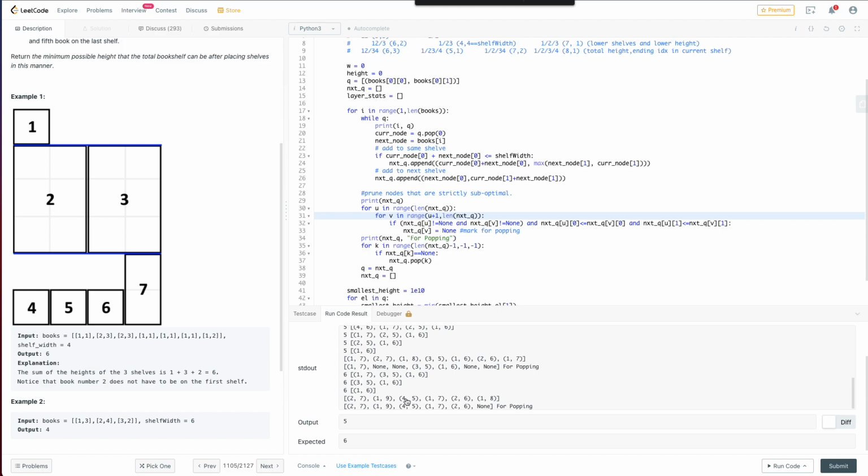For 5 is where we don't get 4, 6. So probably the height update is wrong.